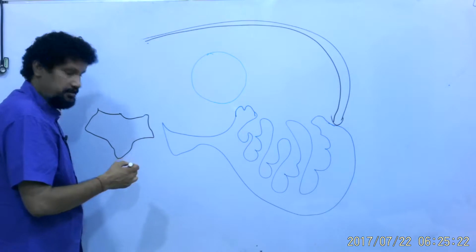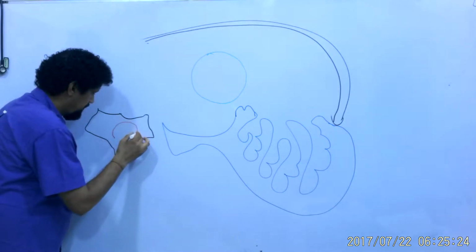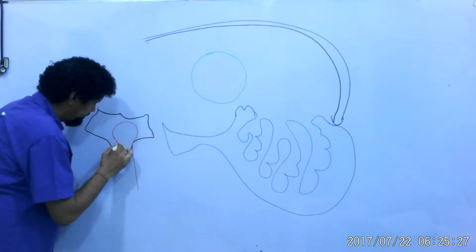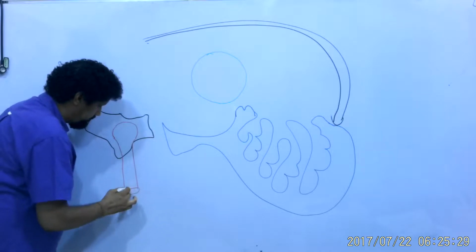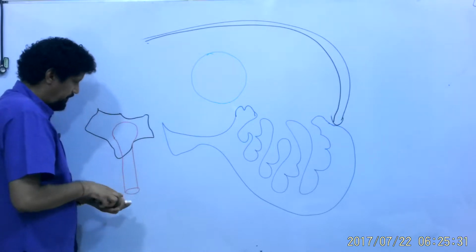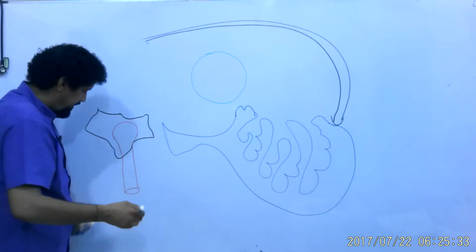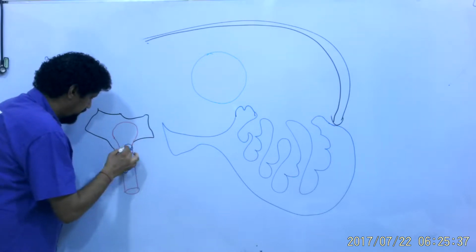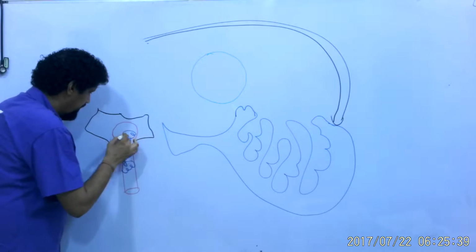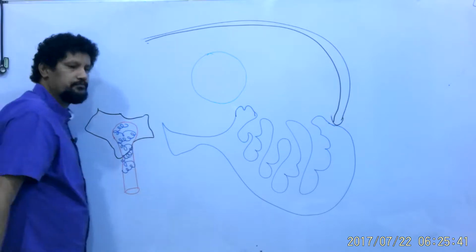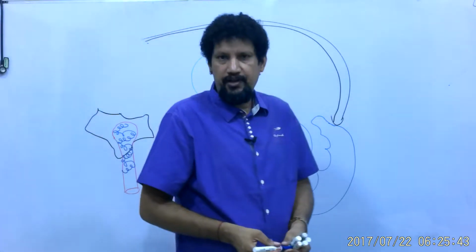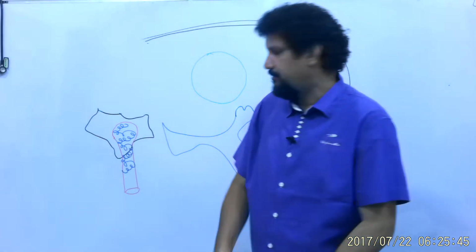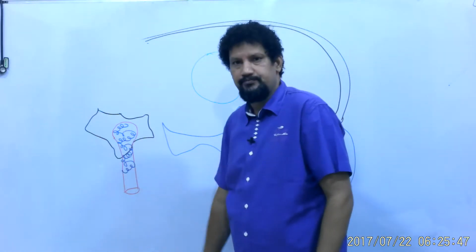So, this is the internal carotid artery, which has a tangle of nerves around it, a network of nerves. This network is formed by the postganglionic sympathetic fibers from the cervical ganglia.